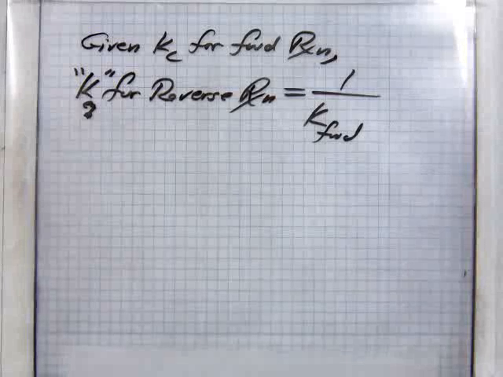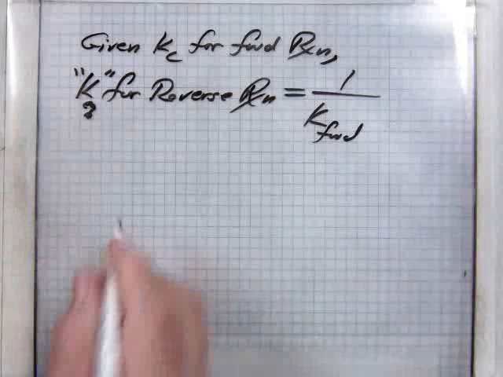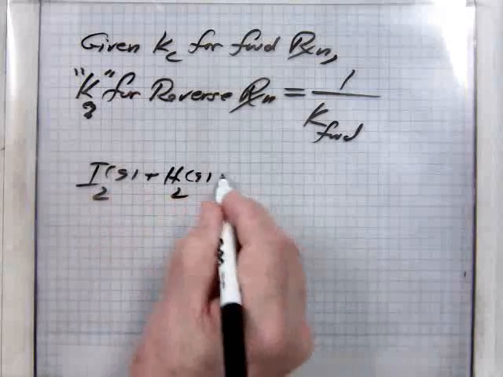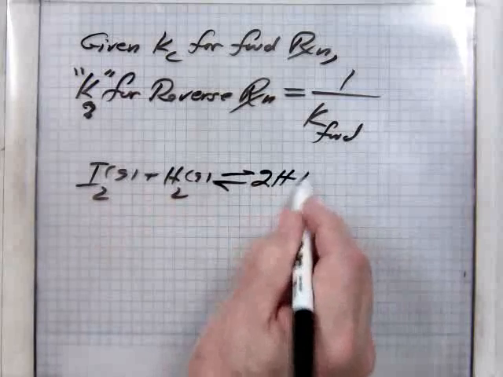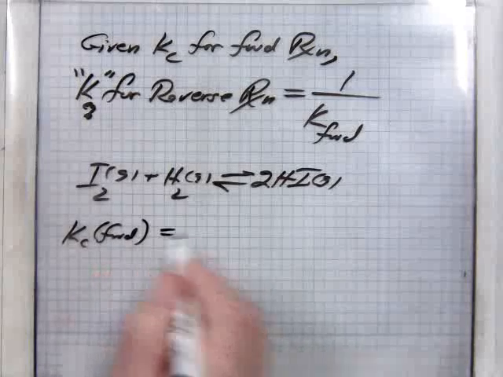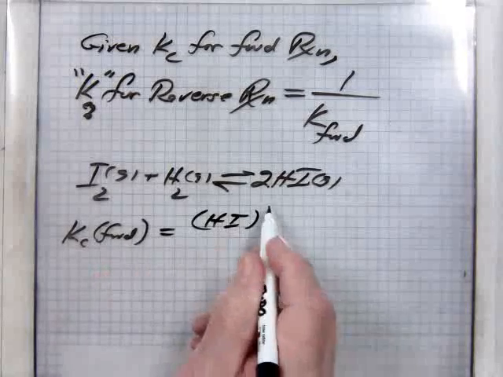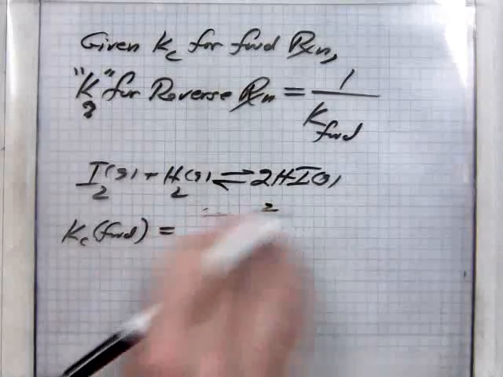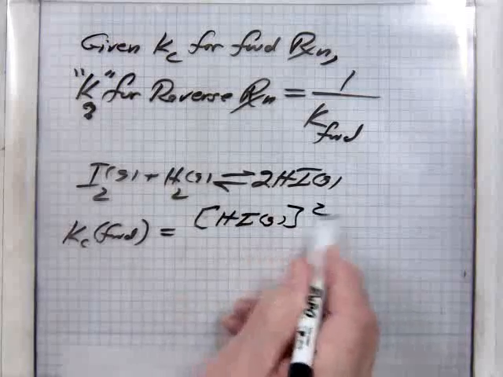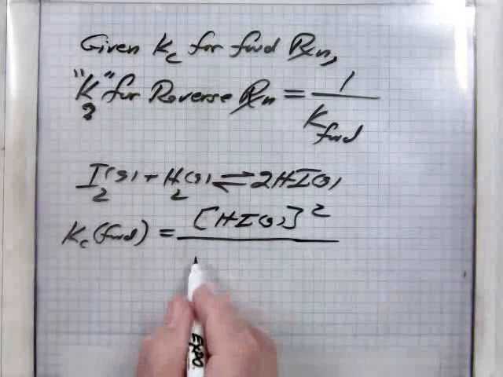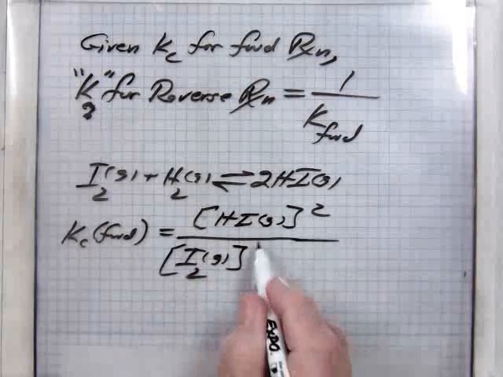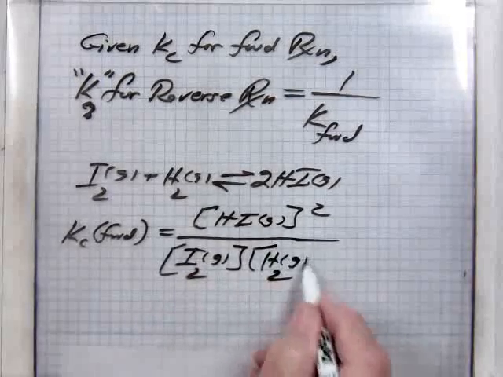In the problem that's given, they gave you I2 gas plus H2 gas in equilibrium with 2HI as a gas. So Kc forward is equal to HI gas squared, in brackets, over I2 gas and H2 gas.